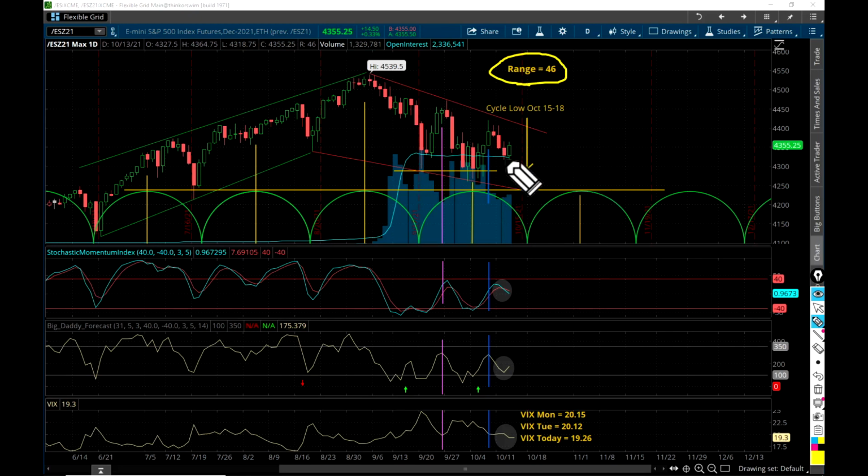So pretty good candlestick, green candlestick. Some of you are probably wondering right about now, is the market going to go up? Okay. We know that tomorrow some options expire, which is going to be here, and Friday is going to be here. And this cycle does end, depending on how you do your cycle.